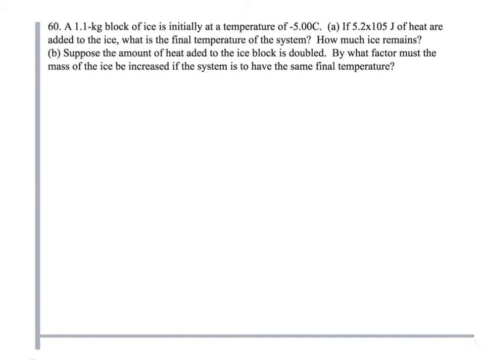And then we know an amount of Q that's being added, 5.2 times 10 to the 5th. It says 10, that says 105 right there, but that should be 10 to the positive 5. So that amount of heat is added to the ice, so we want to know the final temperature and how much ice remains. So we're making an assumption that ice actually remains here.